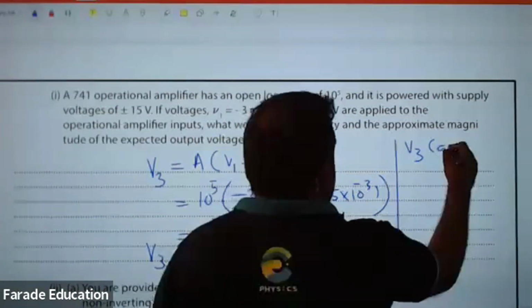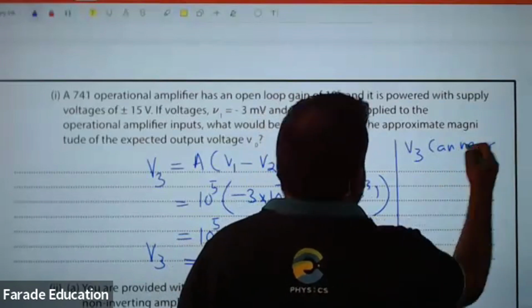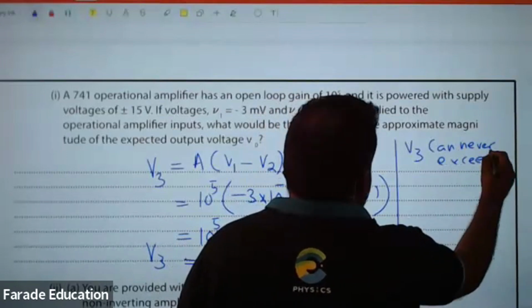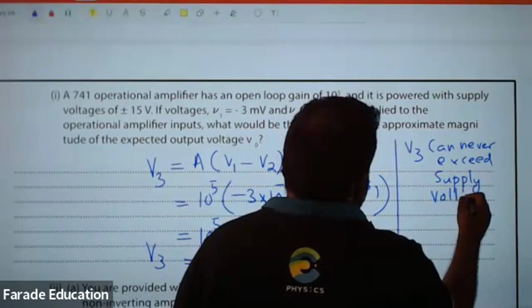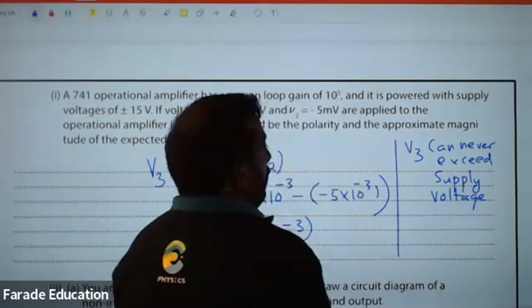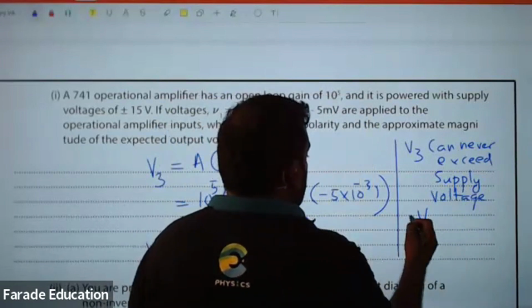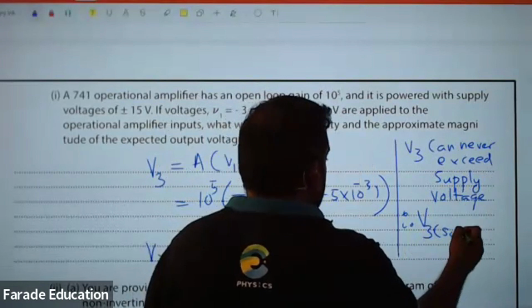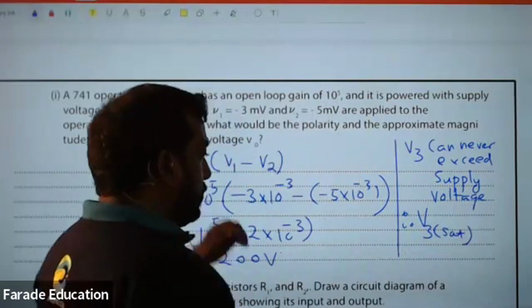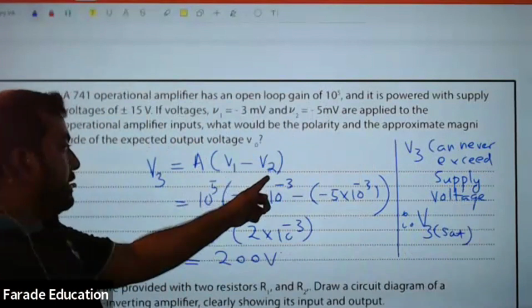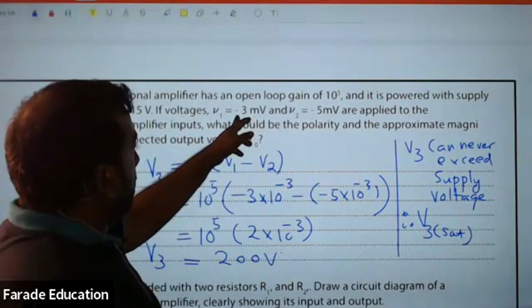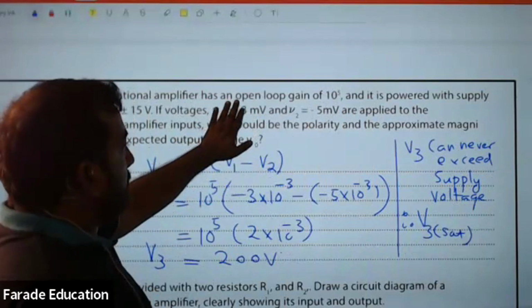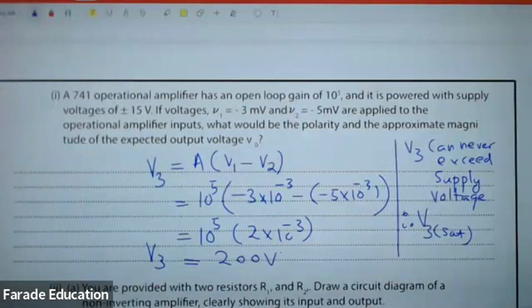V3 can never exceed the supply voltage. So if it can never exceed the supply voltage, what will happen? V3 will saturate. Here V plus is minus 3 millivolts and V minus is minus 5 millivolts.